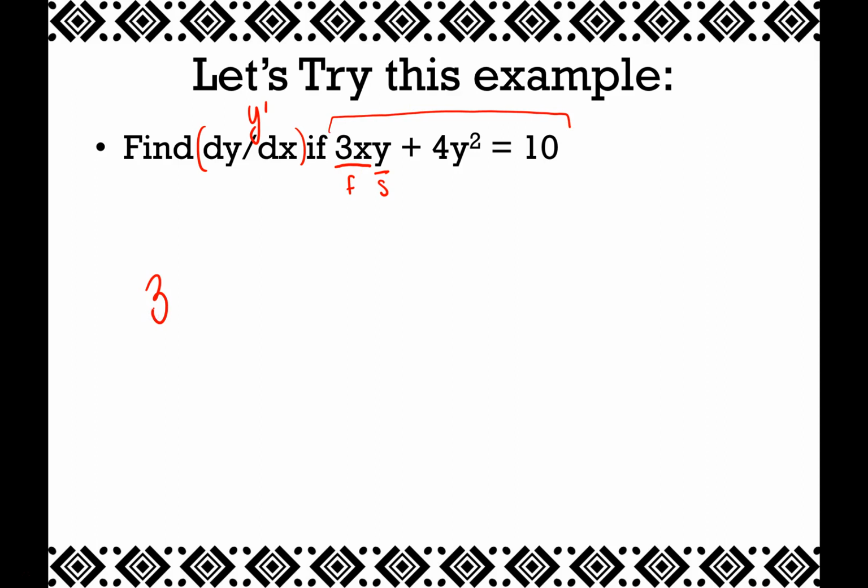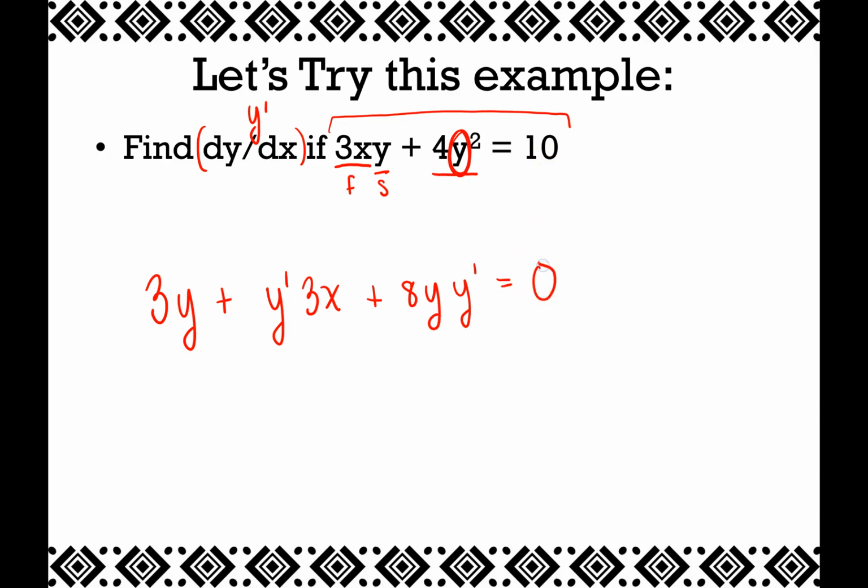That's 3 times my second, which is y, plus what's the derivative of my second? Well, what's the derivative of y? It's y prime, times my first, which is 3x. Okay, now I'm going to do plus 8y, and then I have to take the derivative of my inside, which is y prime. And then what's the derivative of 10?